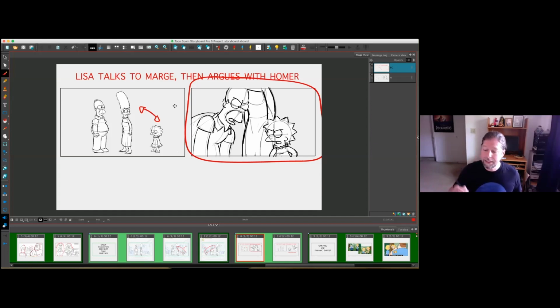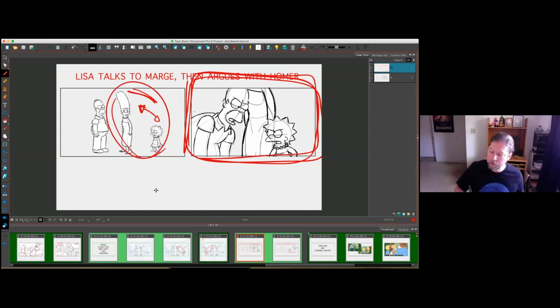So if Lisa has to talk with Marge, but argue with Homer, stage it so that she gets to talk close to Marge first, but arguing with Homer would have Marge sort of blocking them in the background and creating an odd composition.